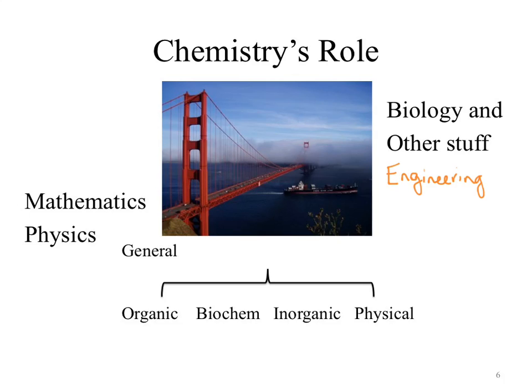What different pieces are in it? What different things control it? What can we do on a very simple, basic level with those pieces? Organic, biochemistry, inorganic, and physical now look at each of those individual sections of the periodic table and say this is what we can specifically do here.